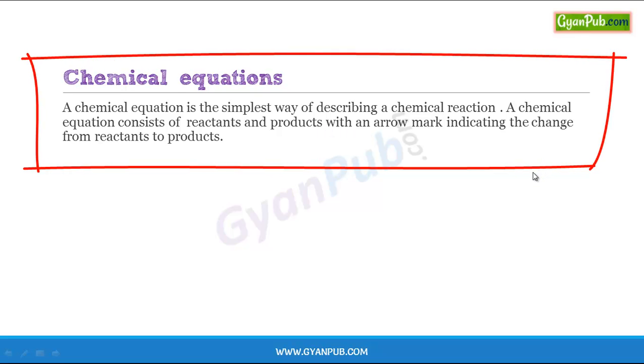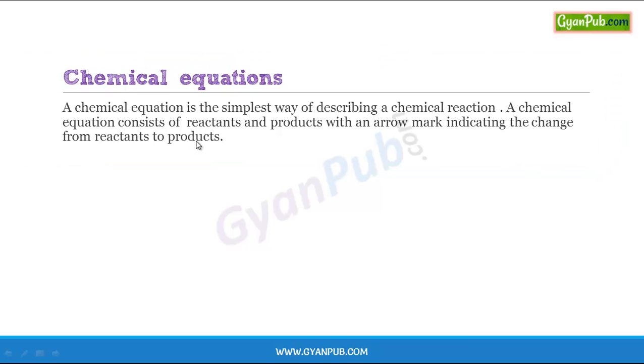A chemical equation consists of the reactants and products with an arrow mark indicating that reactants got changed to products. It is the simplest way of describing a chemical reaction.